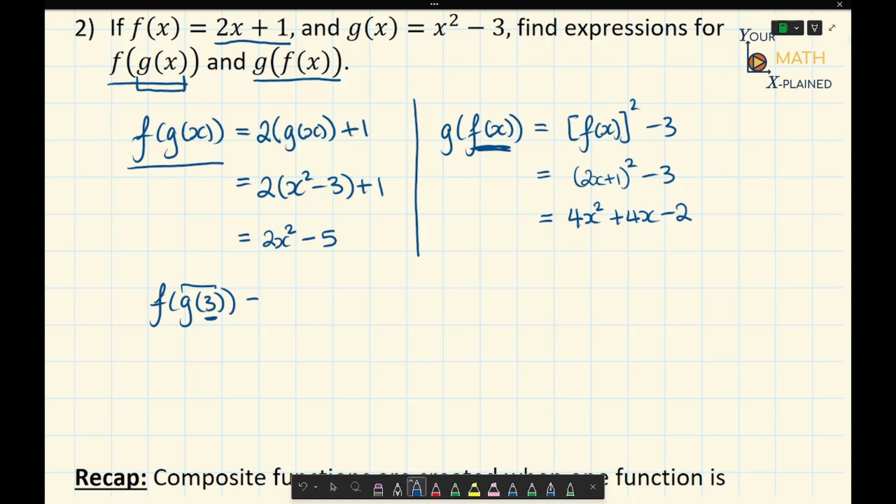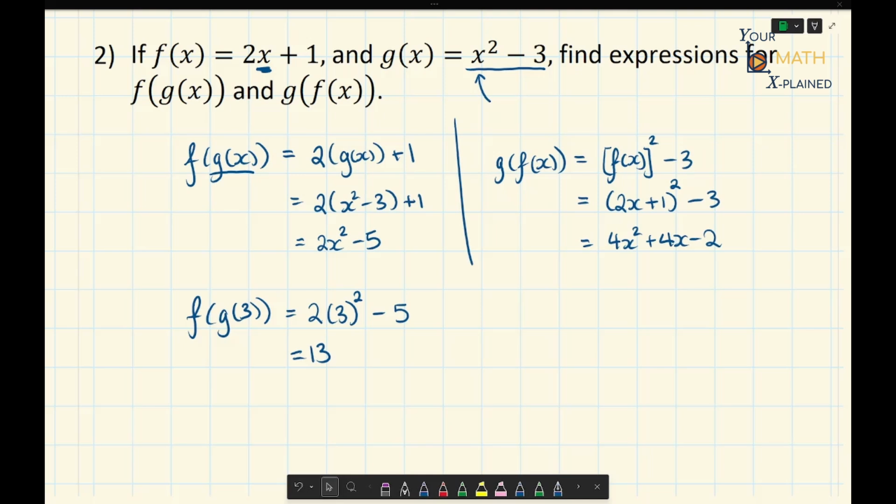Since f of g of x is 2 times x squared minus 5, f of g of 3 is going to be 2 times 3 squared minus 5. And this is going to give us 13.